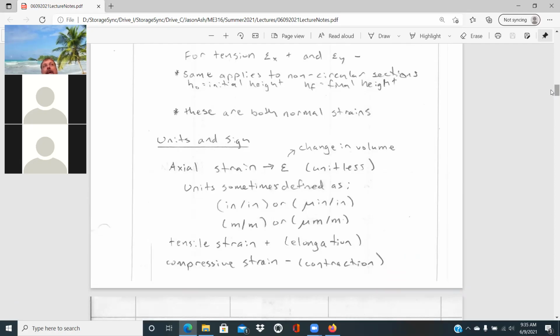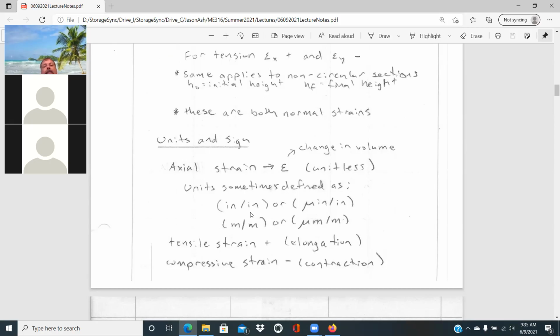But whereas stress and Young's modulus values are usually large values, strain values are generally going to be super small. And so sometimes units are defined as the values that you're calculating it with, like inches per inch. Still unitless, you're just telling what units you were using in the process to calculate that.